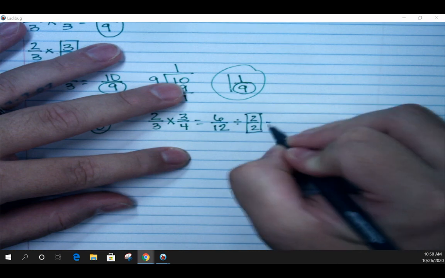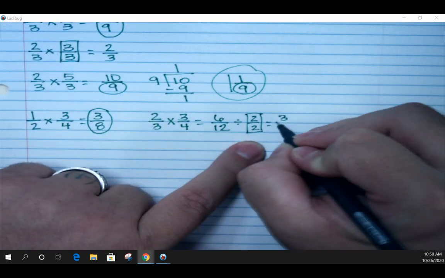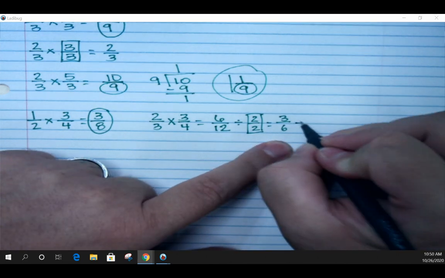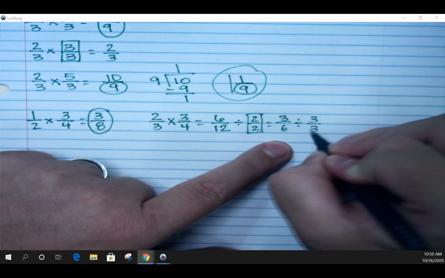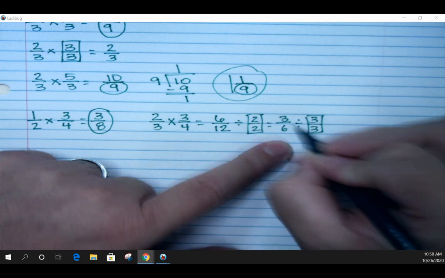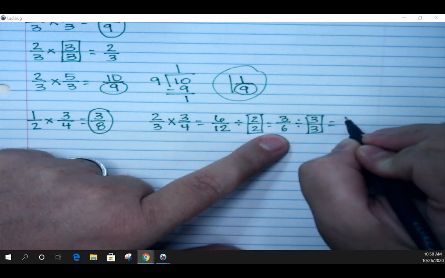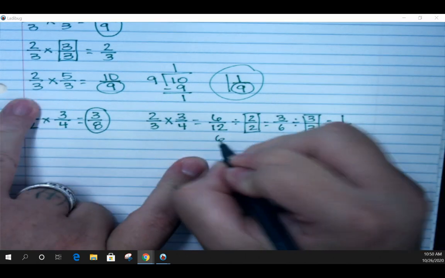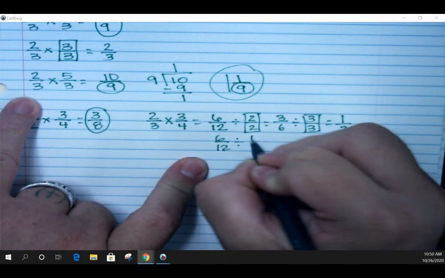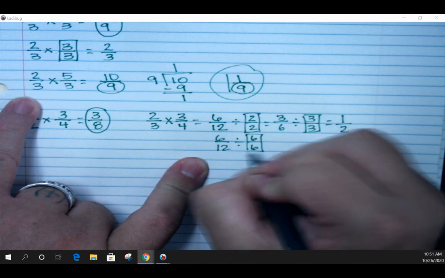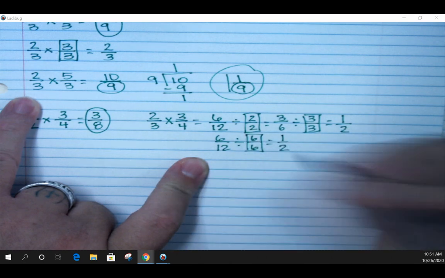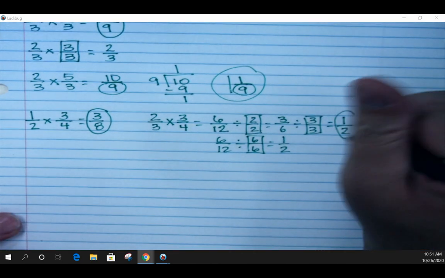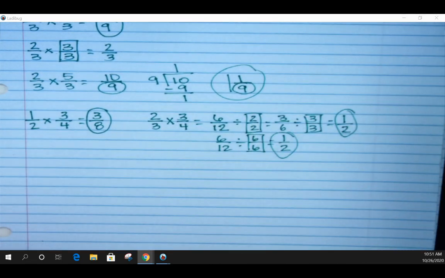Well, great. 6 divided by 2 is 3. 12 divided by 2 is 6. Then I can look and say 3 will go into both of those numbers. 3 divided by 3 is 1. 6 divided by 3 is 2. Same thing as if I would have just said divided by 6 over 6 is 1/2. As long as you get to the answer, good on you. Right?